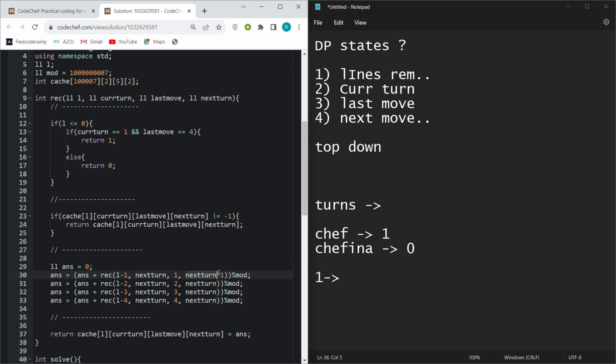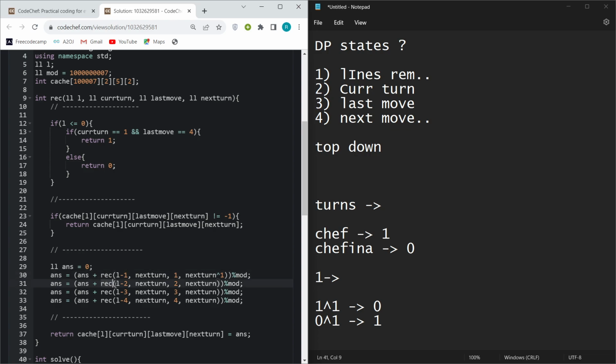In case of 1, Chef and Chefina will exchange their turns, so you just have to do next turn XOR 1. If it was Chef's turn, 1 XOR 1 will be 0, which will be Chefina's turn. And if it was Chefina's turn, then 0 XOR 1 will be 1. It will become Chef's turn.